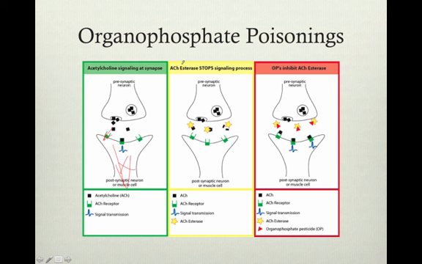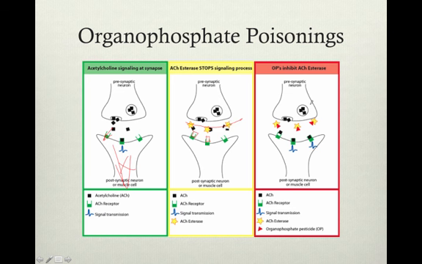Acetylcholinesterase stops the signaling process, which means whatever is left over after it binds with these sections here. If there's still some acetylcholine in the synaptic cleft, acetylcholinesterase binds it up to where it stops the signaling.